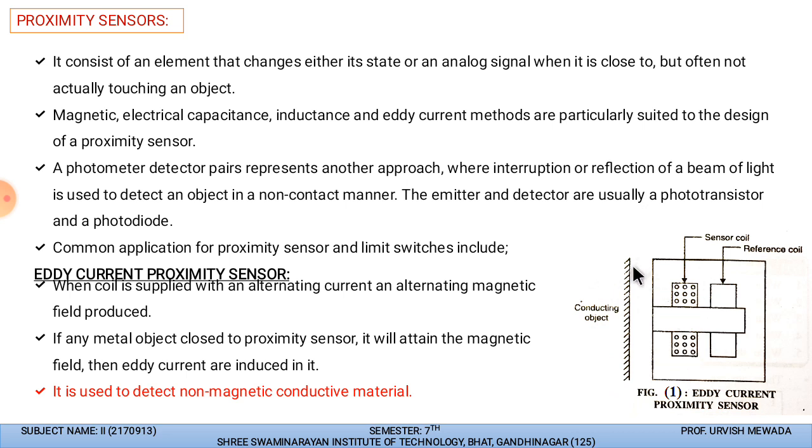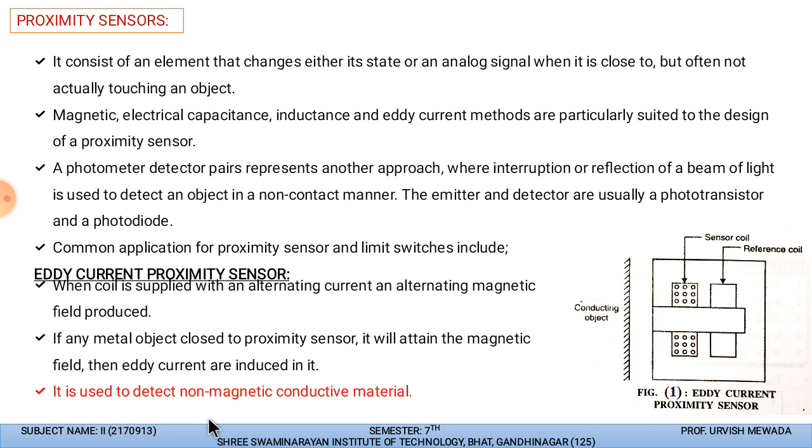If the metal object comes close to this proximity sensor, it enters into the magnetic field, and then eddy currents are induced in it. So as this object moves and enters the magnetic field of this proximity sensor, the eddy currents will be induced in this conducting object, because the conducting object itself cuts the magnetic flux, and so the EMF will be produced, and the eddy current is produced due to the cutting action of the magnetic lines of force.